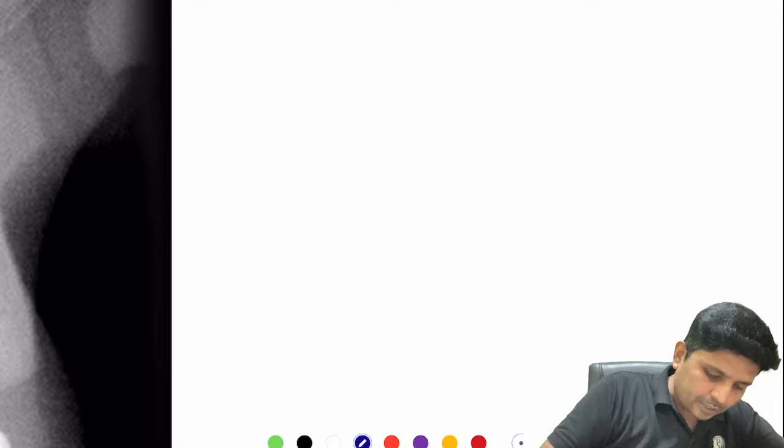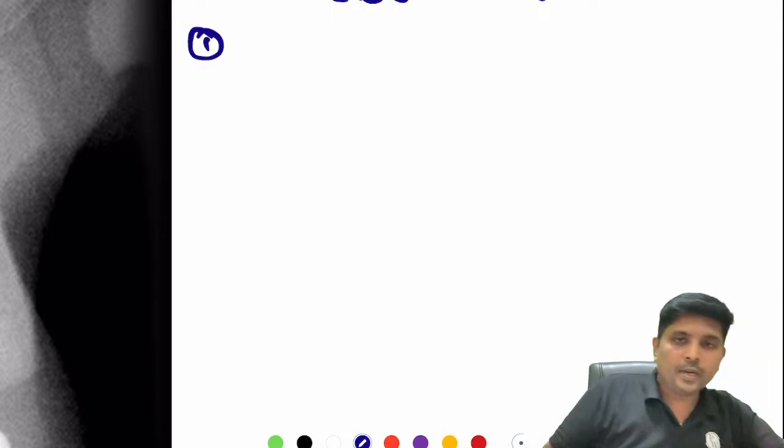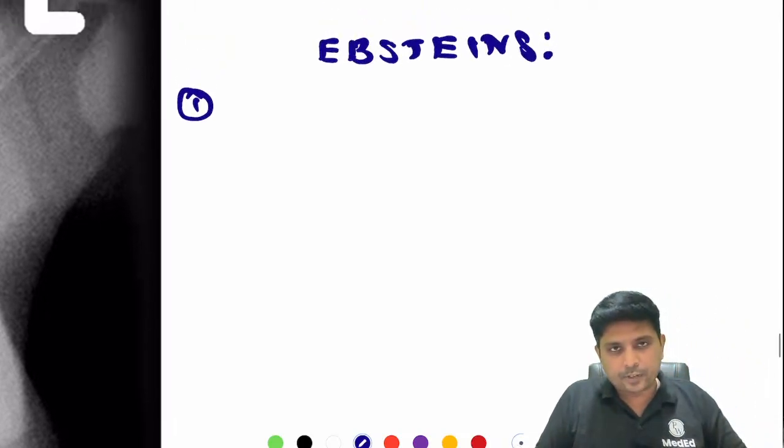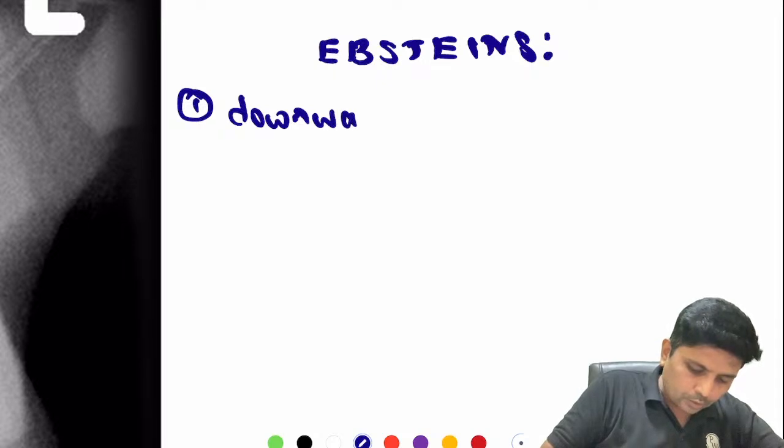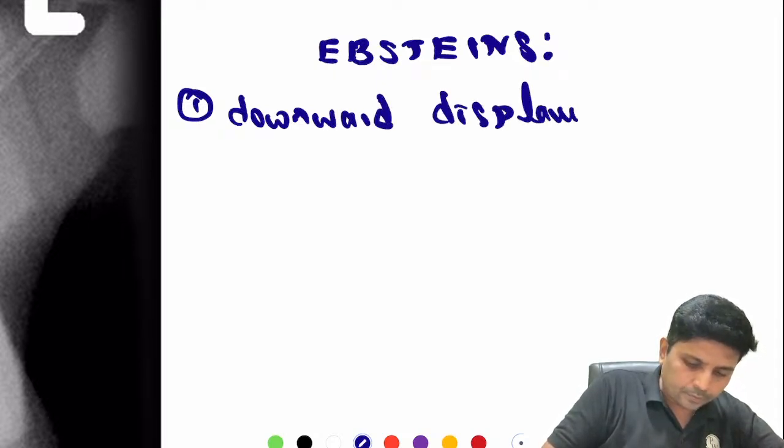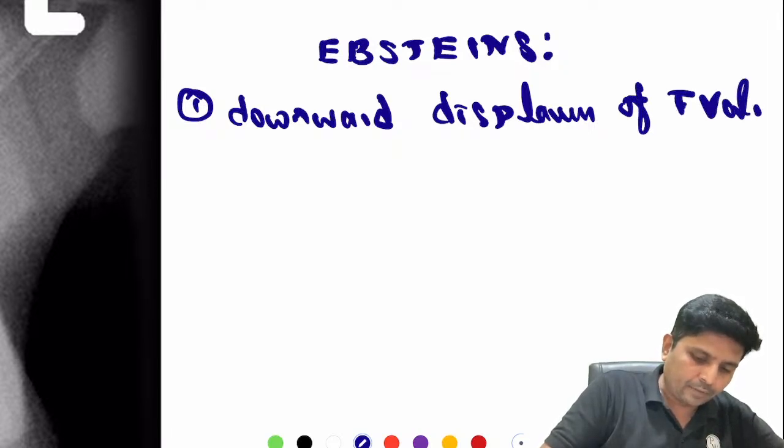I am not going to confuse you with many points. What is Ebstein's anomaly? Only one point you need to know: downward displacement of the tricuspid valve.